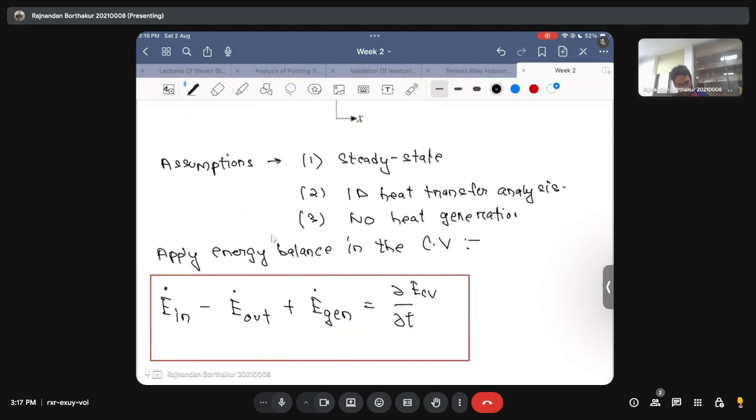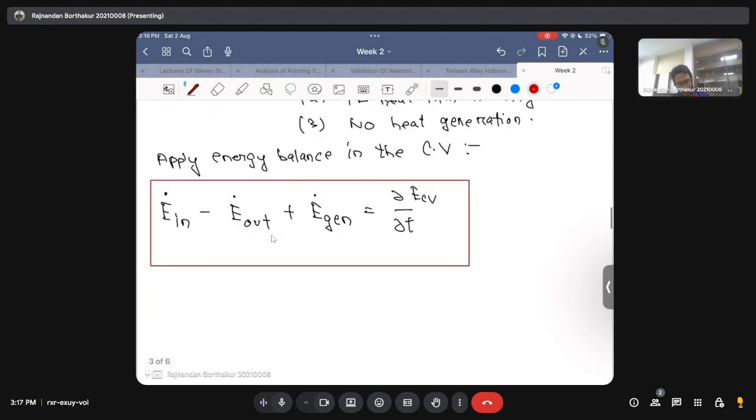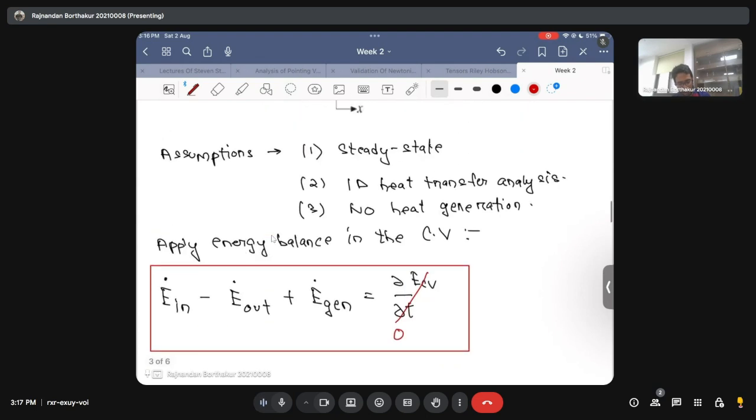In that context, since this is a steady state, the rate of change of energy inside the control volume would just go to oblivion, because in steady state all the variables won't be a function of time. So this is 0 because of assumption 1.